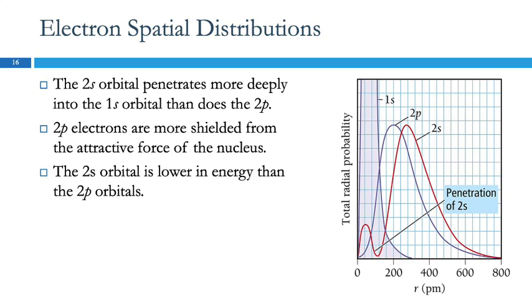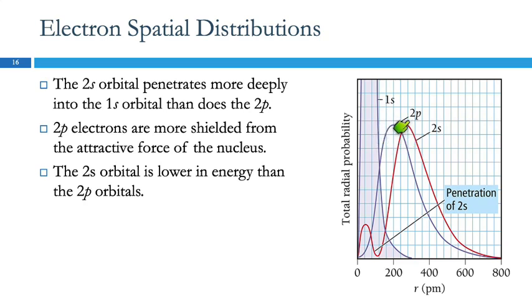So here's where those radial distributions come in. So the 1s orbital is a sphere, and this is way off the chart here, but it's in really close to the nucleus, right? It's really fading out at about 100 picometers from the nucleus. And then in the second level, we have s orbitals and p orbitals.